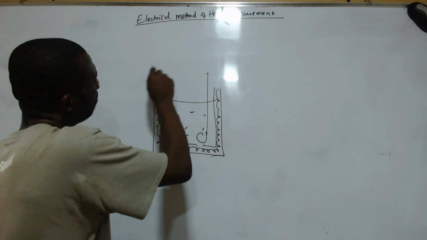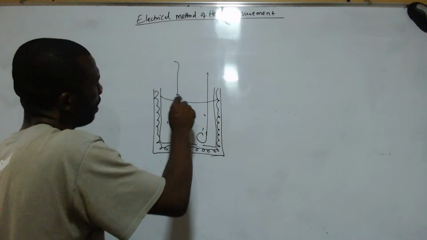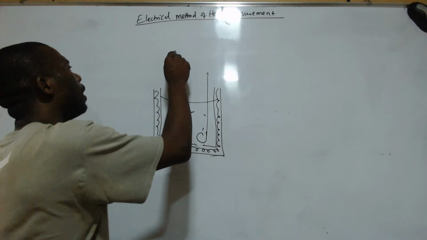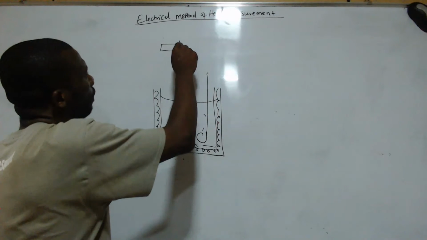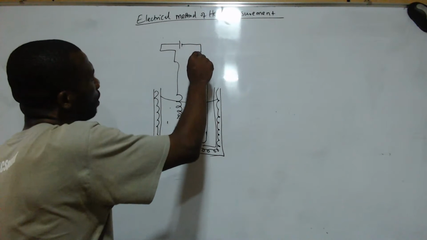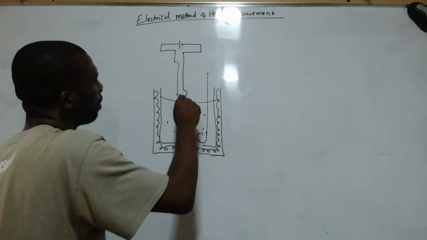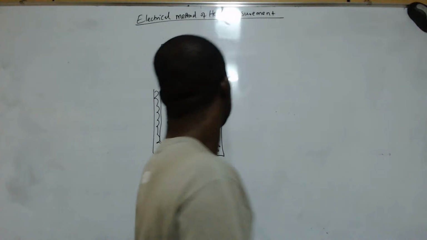Then we have an electrical system, a coil connected to, let's say, a source of energy. Now, the idea of this coil is to give energy to this system.